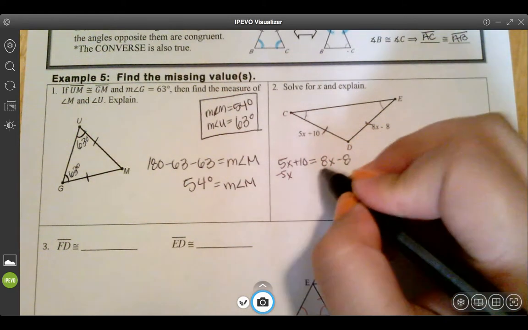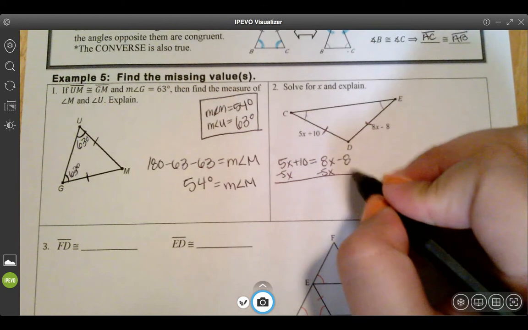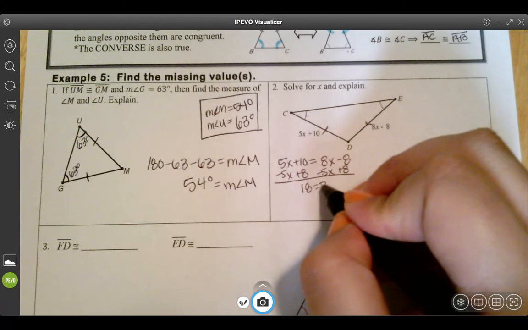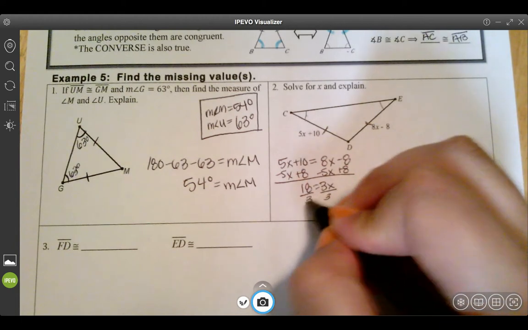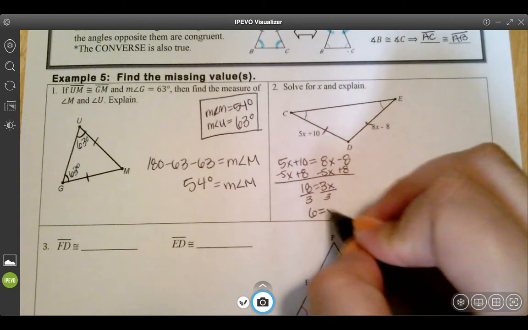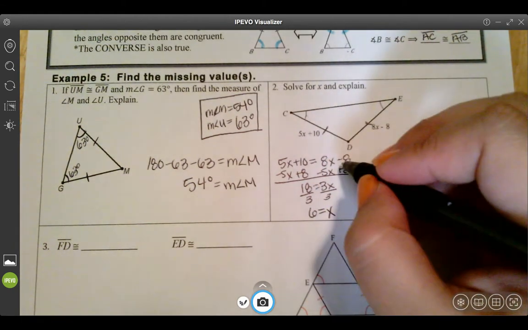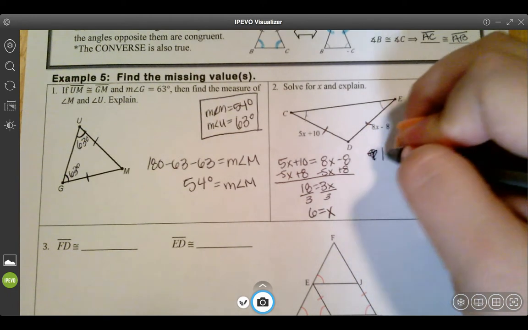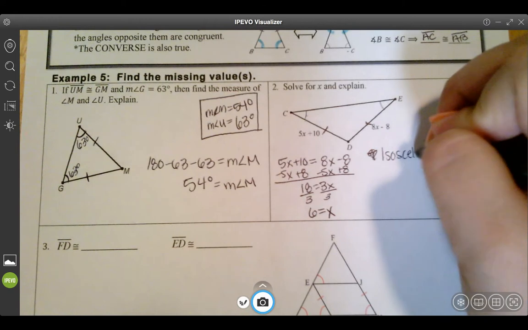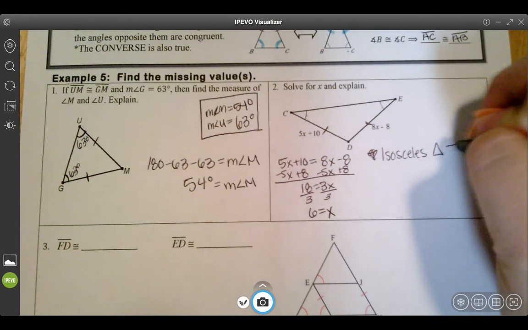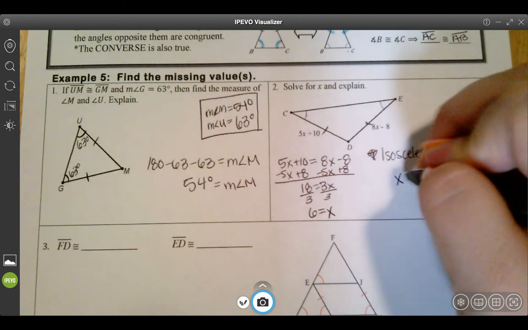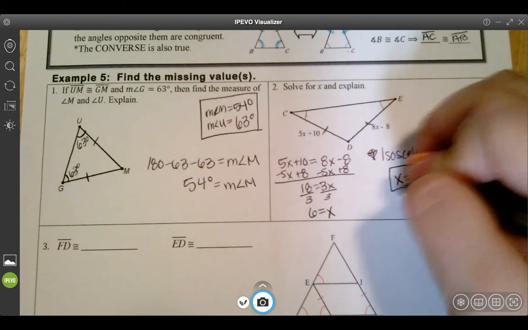Solving for x, subtract 5x from both sides, plus 8 to both sides, 18 equals 3x. Divide by 3, 6 equals x. Solve for x and explain. So this was the isosceles triangle theorem to find that x equals 6.